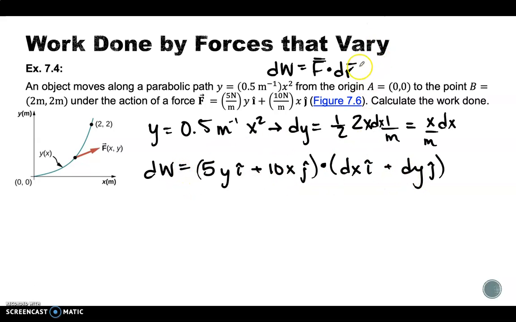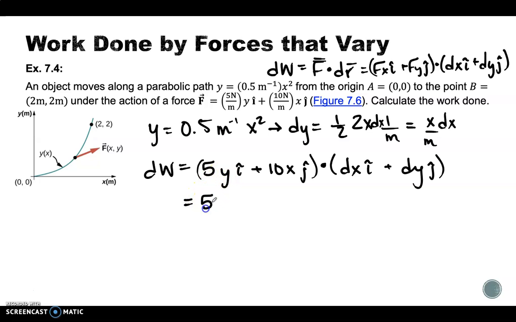And again, this is the same as we had before, where we had F sub x i hat plus F sub y j hat dotting into dx i hat plus dy j hat. Okay, so this is the same form as that. So let's go ahead and take this.